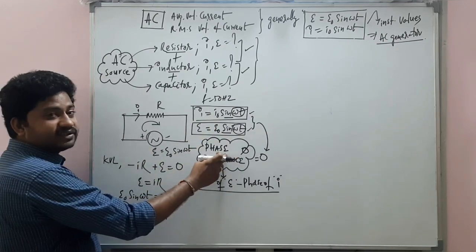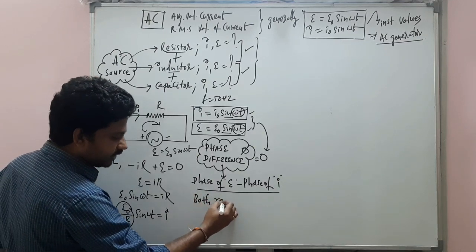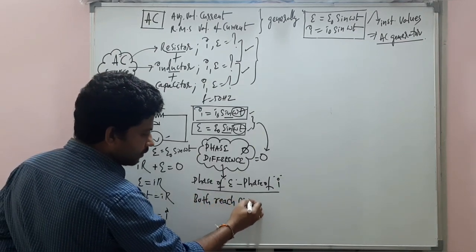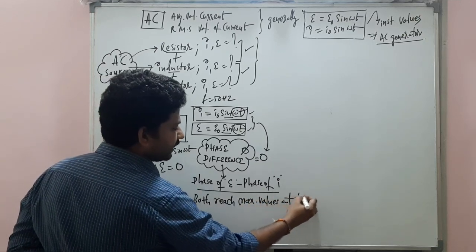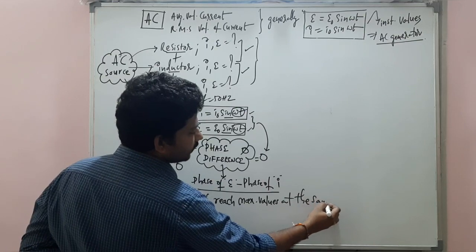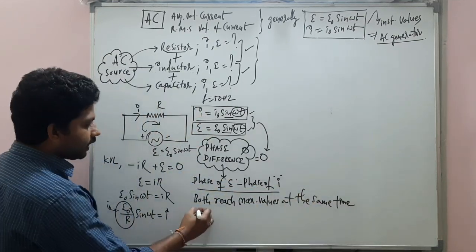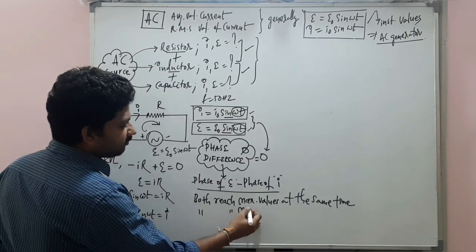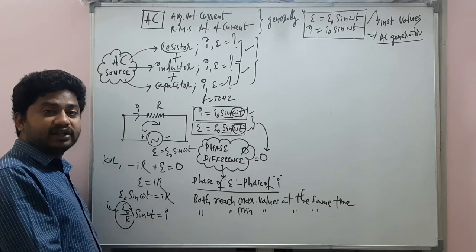When the phase difference is 0, both reach their maximum values at the same time, both reach their minimum values at the same time, and both reach their negative maximum values at the same time.